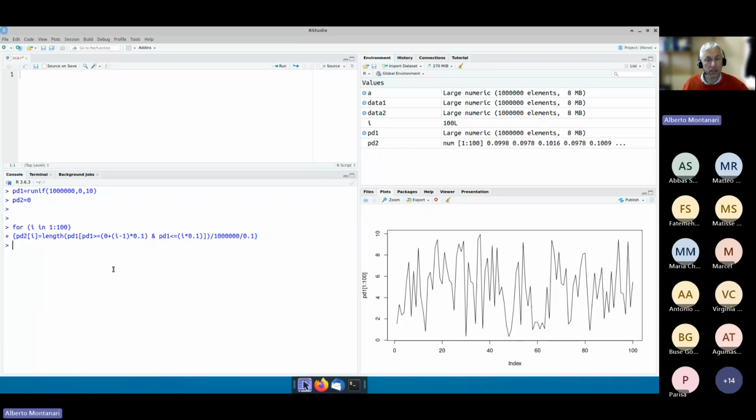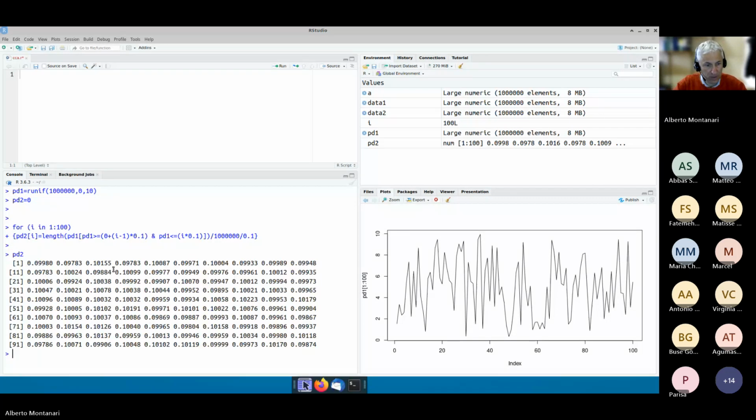Okay. Now, let's look at PD2, the result. Very good. Now, if you look at this result, you see that the numbers are more or less equal to 0.1.